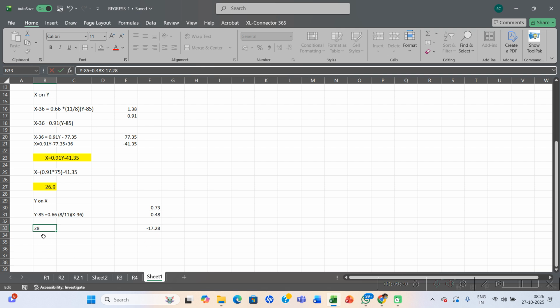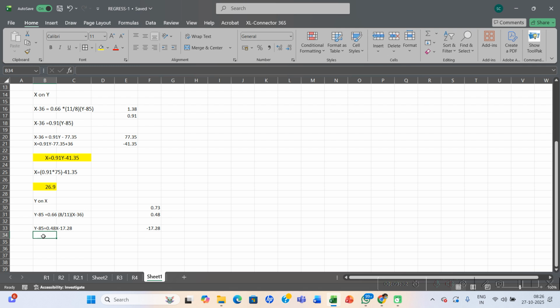I hope you are getting it. Now this equation, if you simplify further, will become y equal to 0.48x minus 17.28 plus 85.